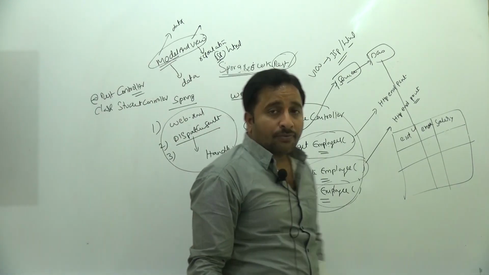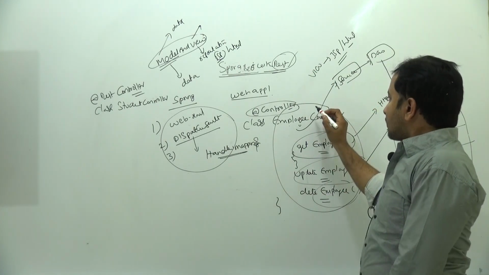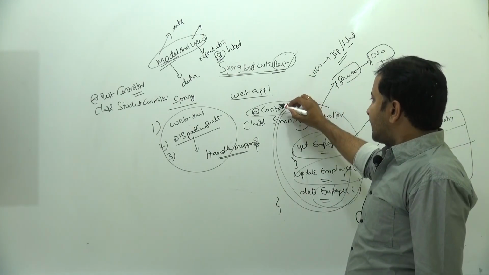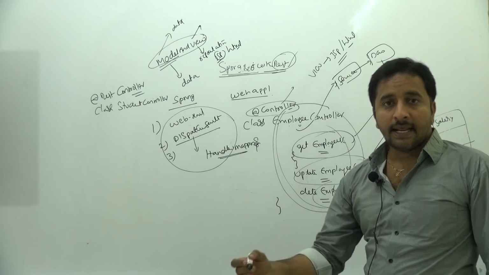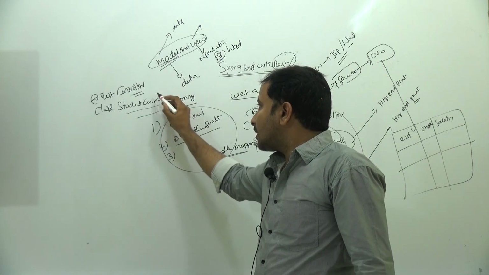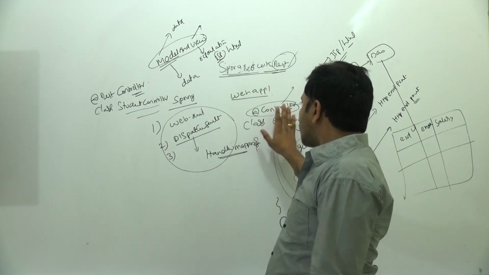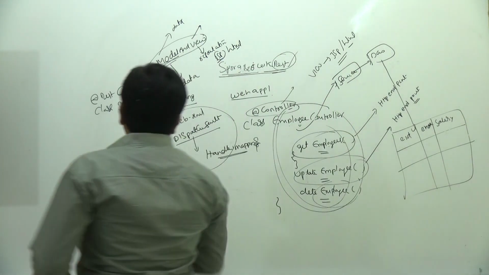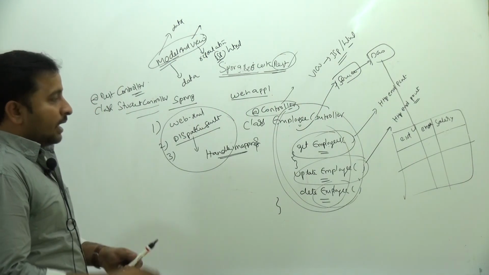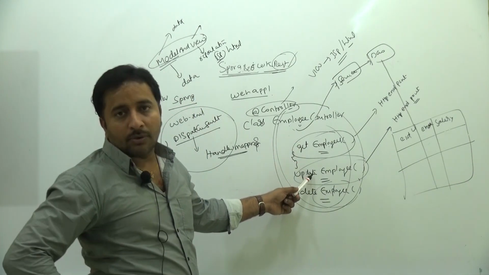In a Spring Boot web application, the controller class is annotated with @Controller, whereas in case of REST, the controller class is annotated with @RestController. Here only controller, here RestController. What is the reason? The normal controller always returns a model and view object only.